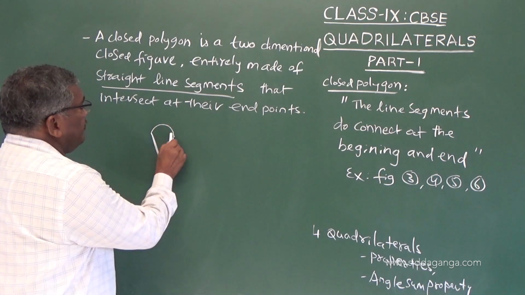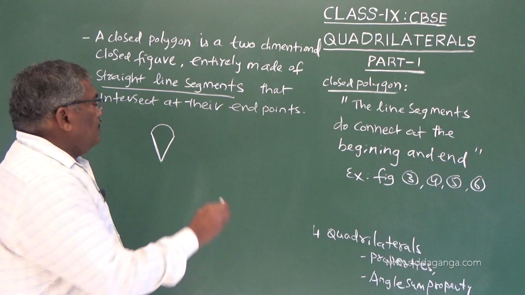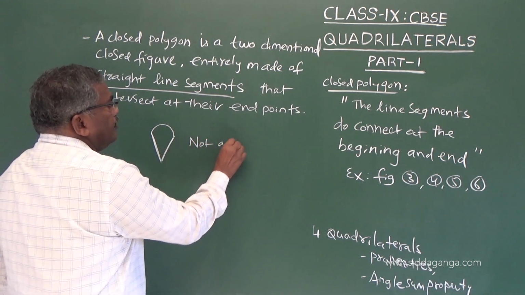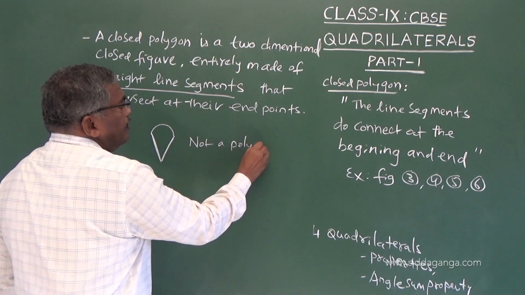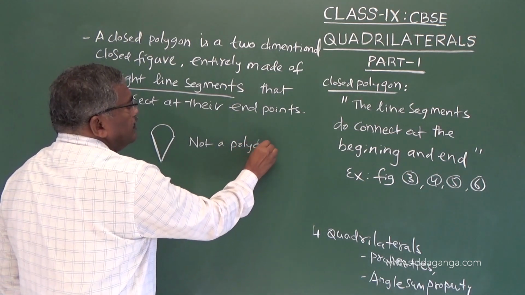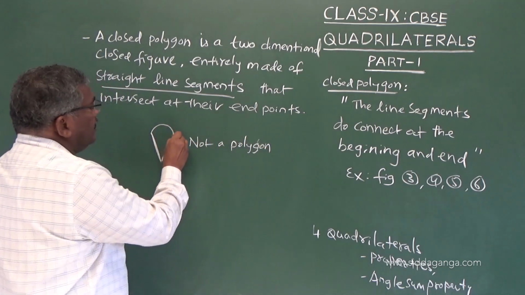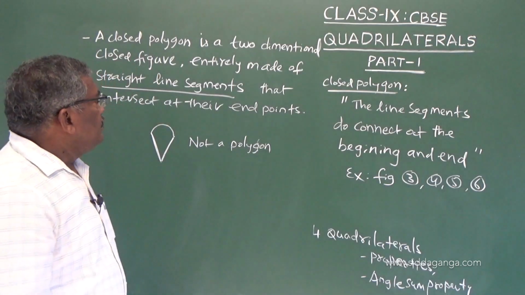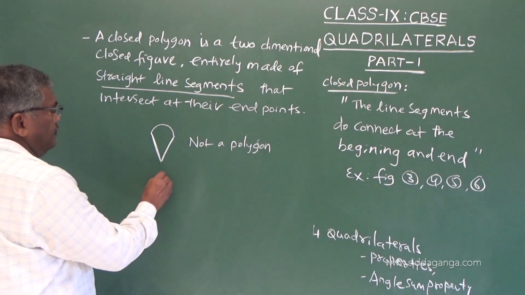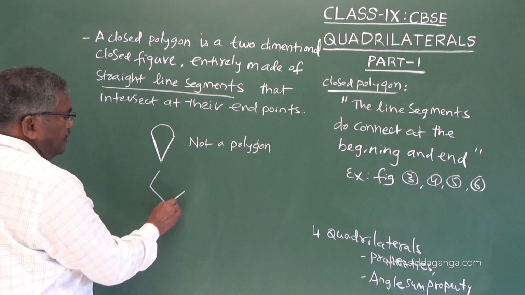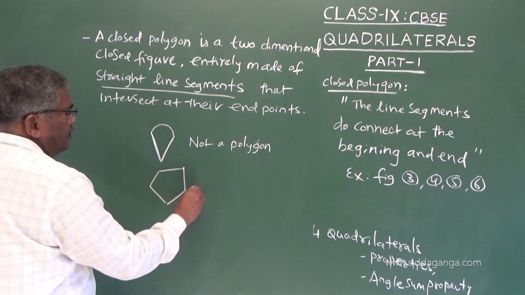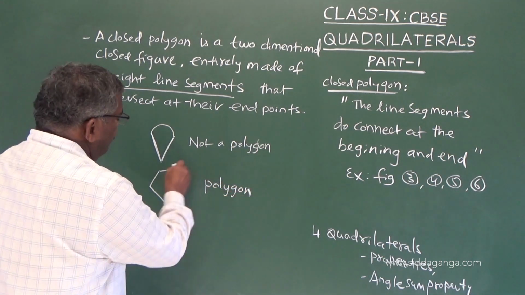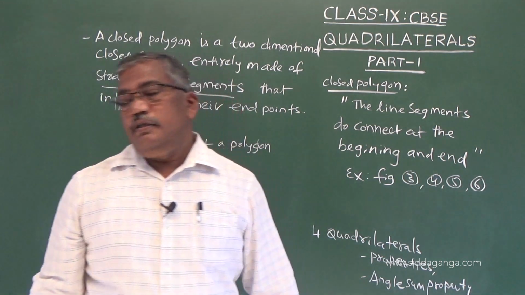This is not a polygon, because it has a curved line on one side. Whereas this is a polygon, fully made of straight lines.